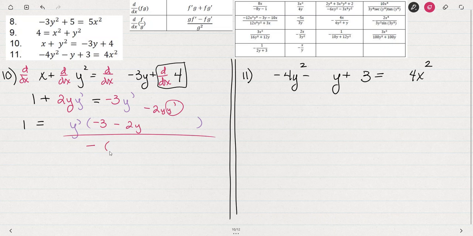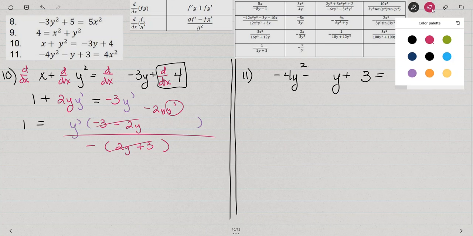You know what I'm going to do is I'm going to divide out a negative. I hope that's not too tricky. But this negative 3 minus 2y, it's the same as the opposite of this quantity, 2y plus 3. I've just factored out a negative 1, and then I rearranged it to put it in descending order.